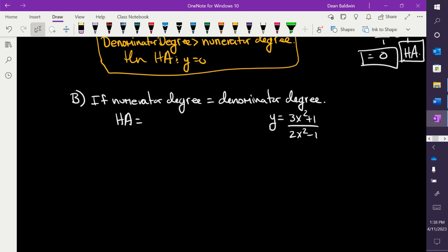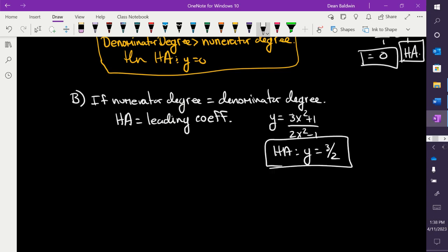It's not 1. It's the leading coefficients, 3 over 2. All right? So in this case, your HA will be y is equal to 3 over 2.